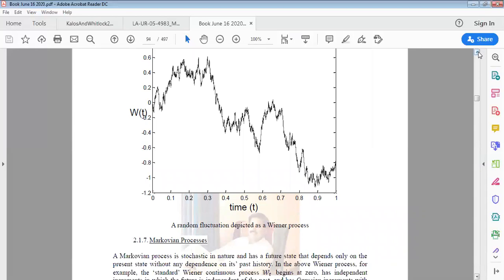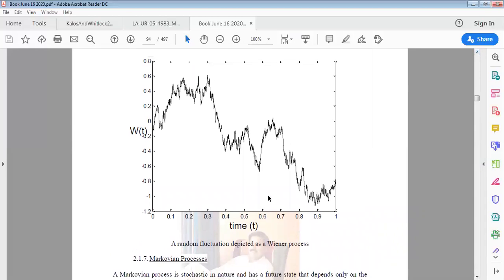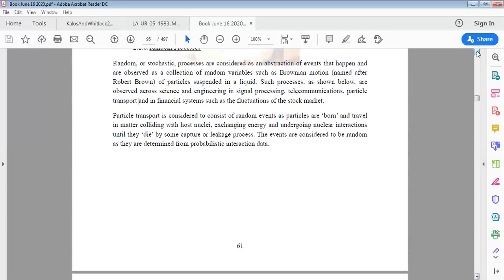Now, Wiener was one of the first people to study Brownian motion, and this is a historic time evolution. So let's say that you want to model this Brownian motion. You want to look at particle transport considered as random events.